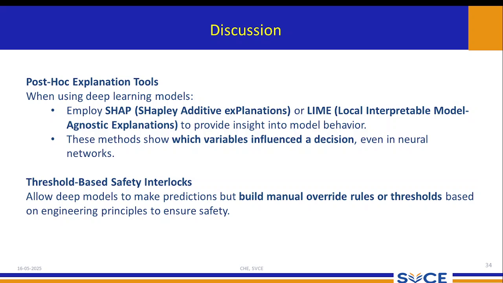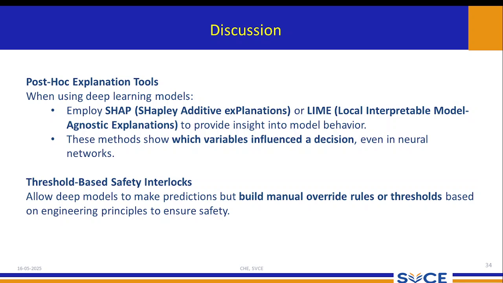What are the key benefits of using LIME, that is, local interpretable model-agnostic explanation? LIME can be used to explain predictions from any machine learning model regardless of its complexity. Local interpretability and explainability. So LIME in deep learning applies to image classification, text classification, and tabular data.